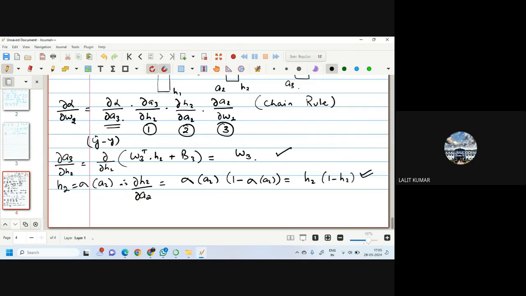This derivation I had sent you in the morning. Yeah, you had sent me this. And del A2 by del W2: A2 is nothing but W2 transpose into H1 plus B2. This transpose we will get H1. So we combine these four parts.